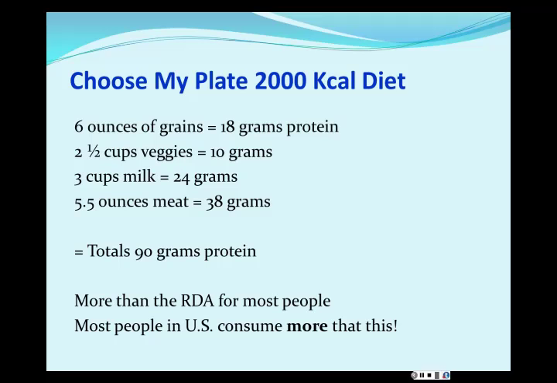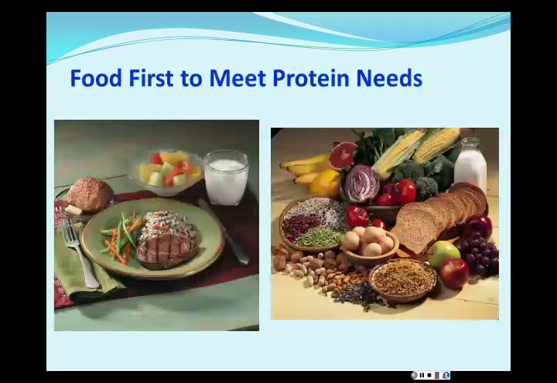So I always like to recommend to people food first to meet your protein needs. We get it from the different food groups. It's abundant in all sorts of foods. Over there we see nuts and seeds and grains and eggs and vegetables and all those different things. As long as there's adequate food intake, most people get more than adequate protein intake. Protein moderation as well as fat moderation is encouraged.